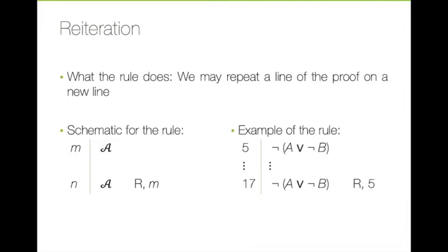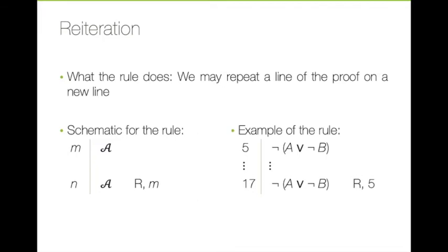That curly A should be somewhat familiar. It's one of our metalinguistic variables. And like any metalinguistic variable that we've used, it's one that can be substituted with any sentence of truth functional logic. If you want to review metalinguistic variables, go back to video 2.5.